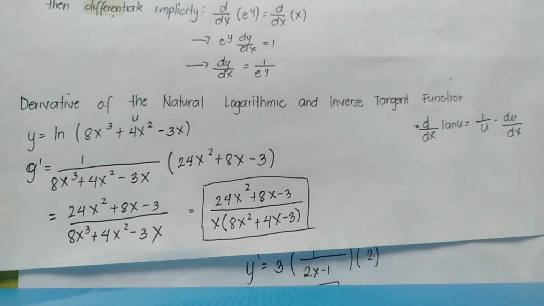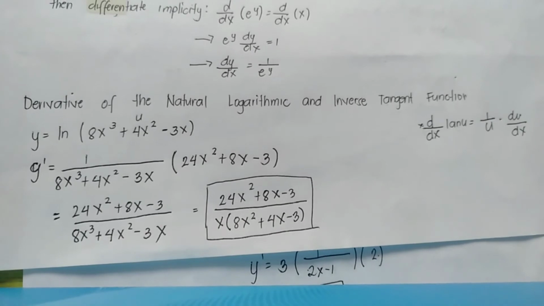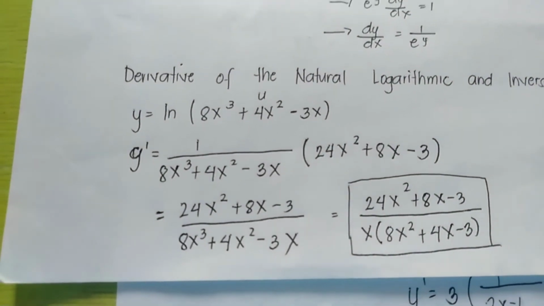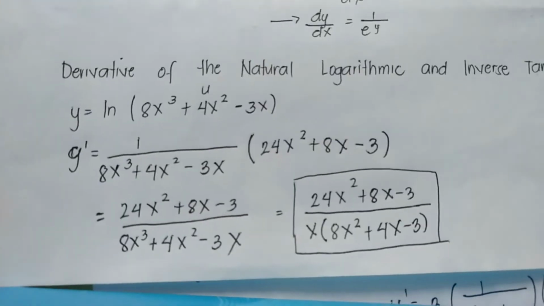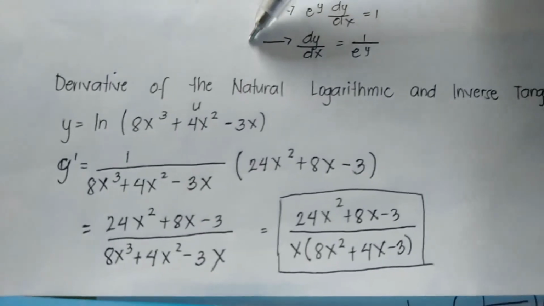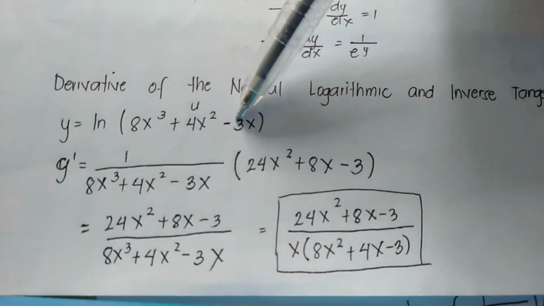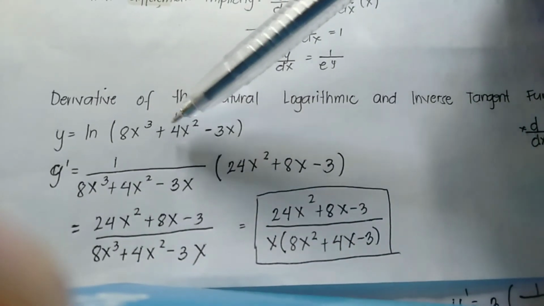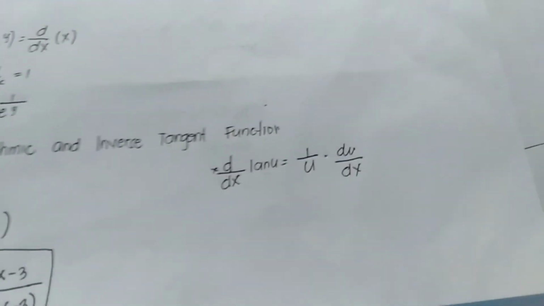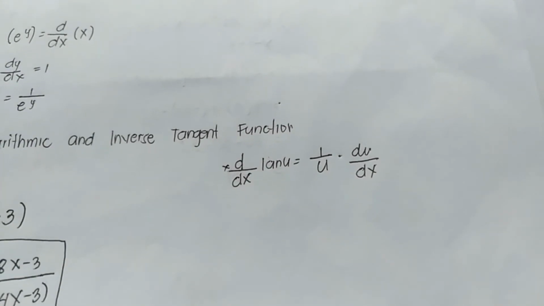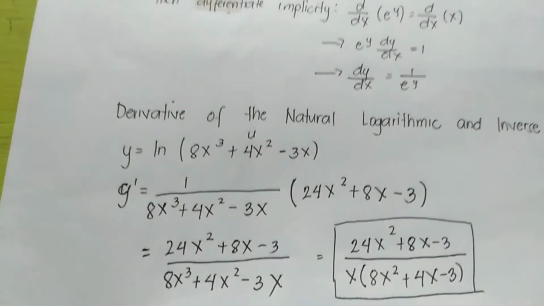Then the derivative of the natural logarithmic function, for example, y is equal to ln of 8x cubed plus 4x squared minus 3x. So our u is this, and remember that the derivative of ln u is equal to 1 over u times the derivative of u.